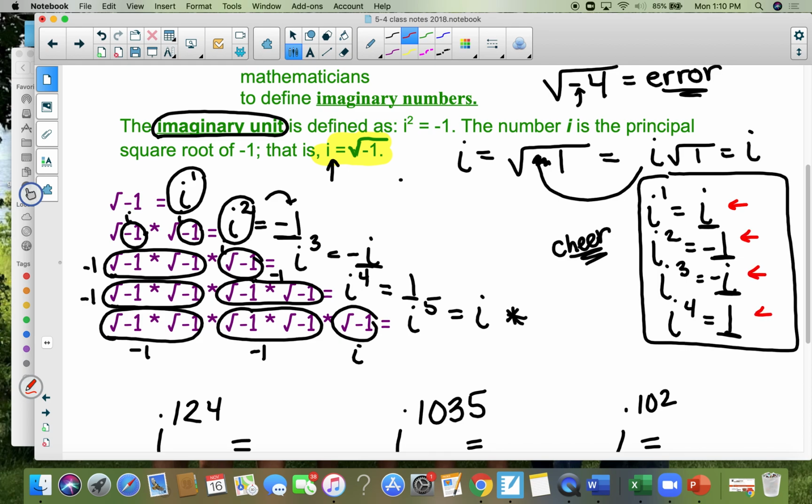And you know it repeats after every 4. So I can just start counting. 1, 2, 3, 4, 5, 6, 7, 8, 9, 10, 11, 12, 13, 14, 15, 16, 17th. I counted 17th, which is equal to i.